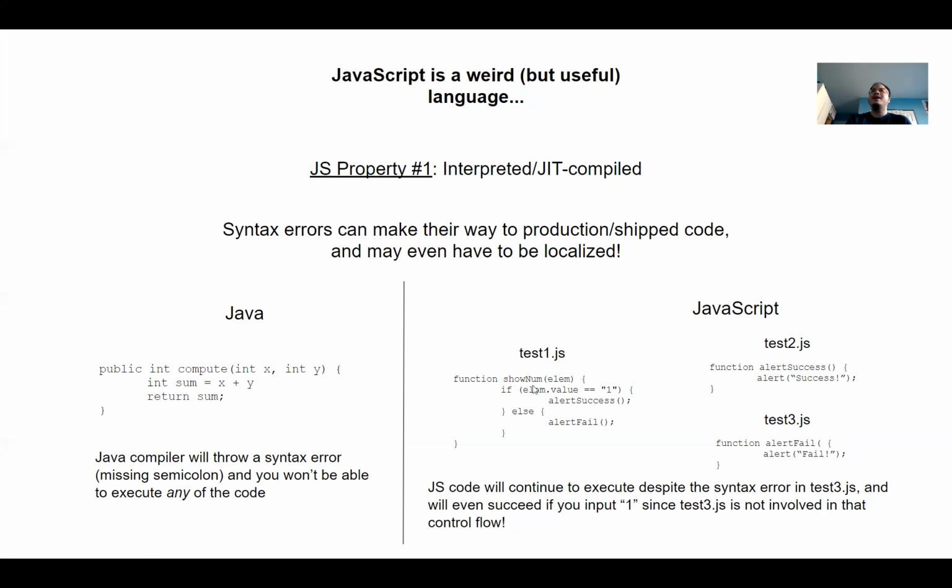In traditional languages, you would expect this to completely fail. Nothing's going to happen, it's going to say syntax error. But not so. In this case, it's actually going to succeed if lm.value is equal to 1. Because despite the fact that test3.js is throwing a syntax error, show num doesn't know that. It only cares about what it's executing, and in this case it's only executing alert success as opposed to alert fail.